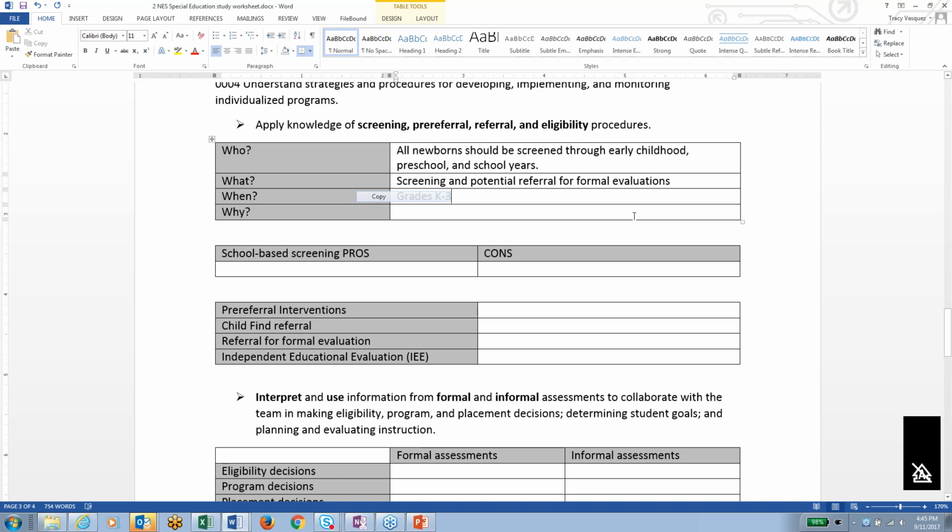And why would there be referral? There would be suspected disabilities or low standardized test achievement.